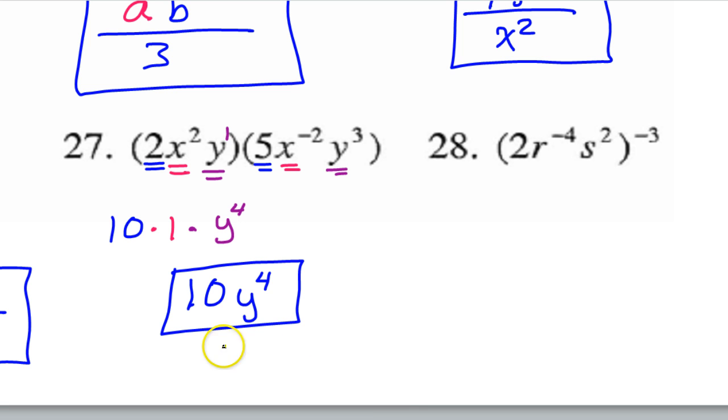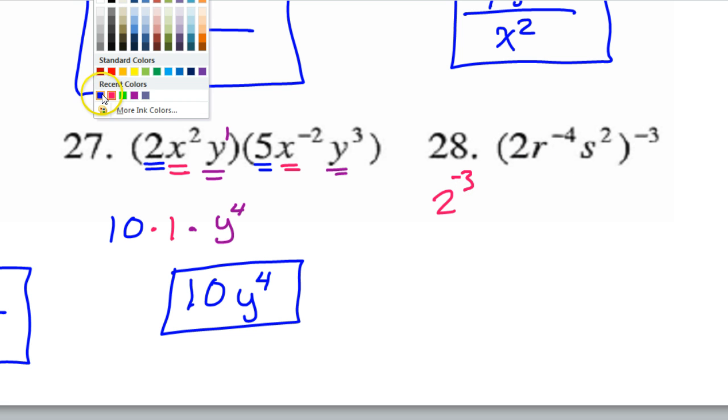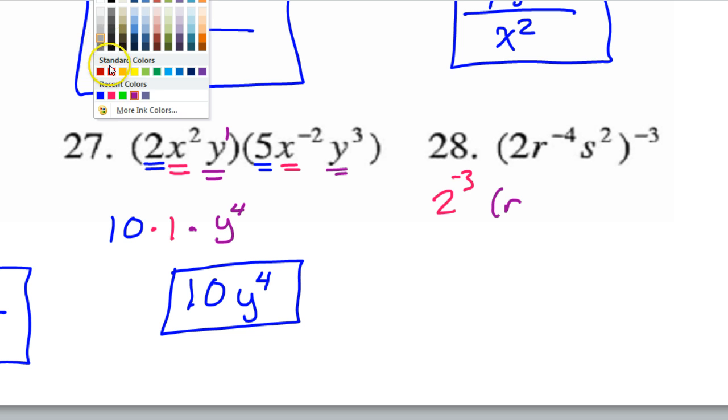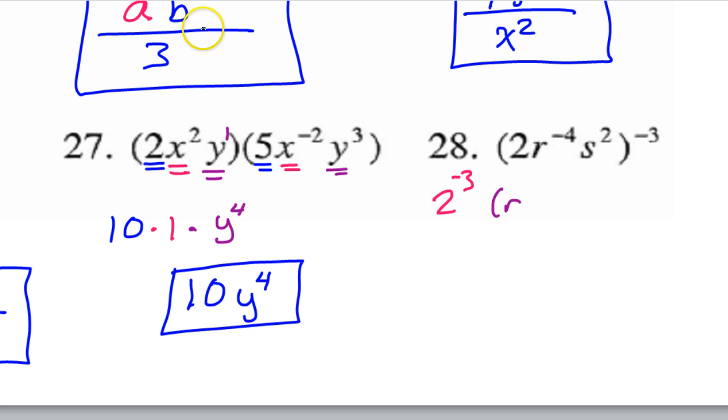Okay, and that brings us to number 28. Again, what's happening here is we have really 3 separate little things happening. All right, we have 2 to the negative 3 power, and then we have r. Maybe I'll put them all in parentheses just for fun. Let me start over.